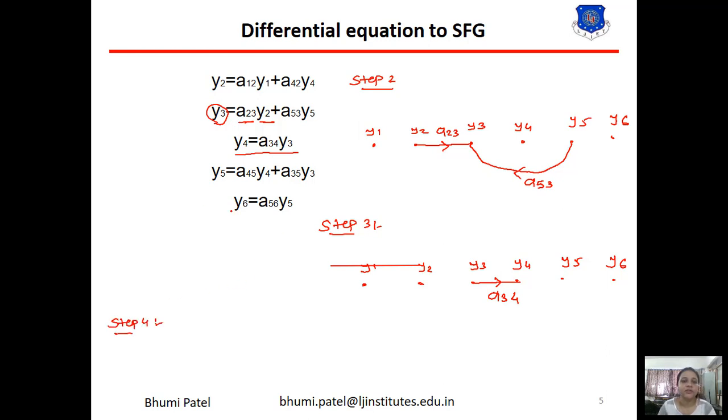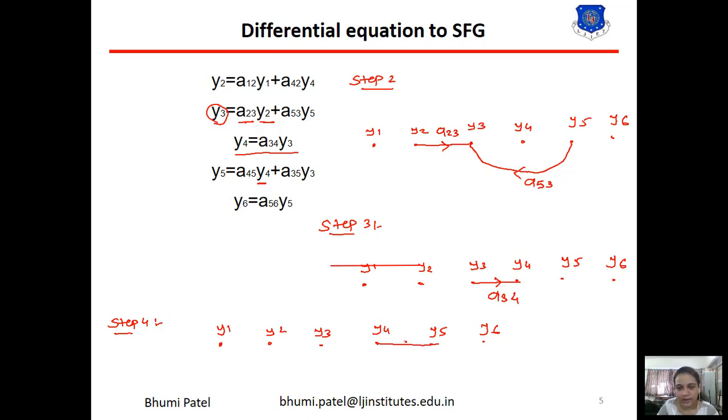Now step number 4: the equation is y5 is equal to a45 y4 plus a35 y3. So we put the 6 nodes y1, y2, y3, y4, y5 and y6. Here you can see the starting point is y4 and it ends at y5.